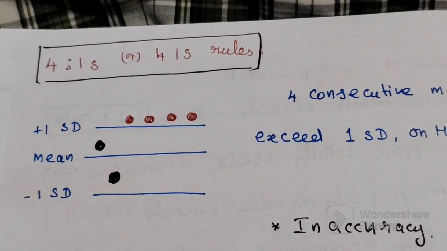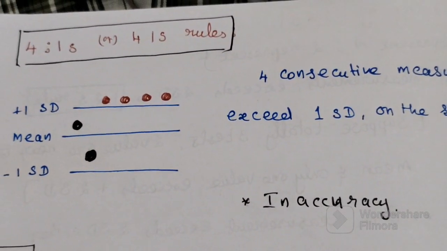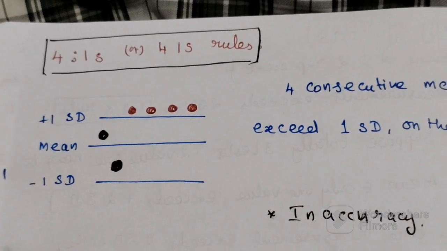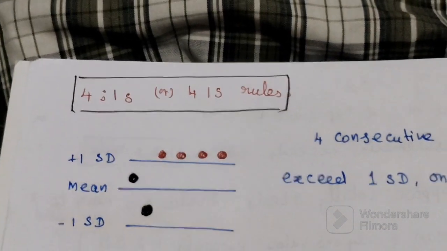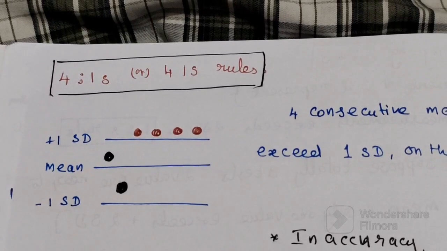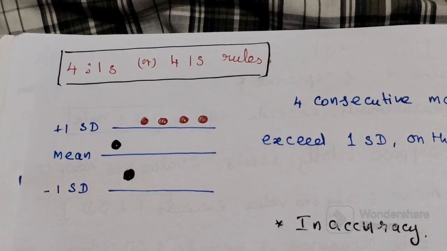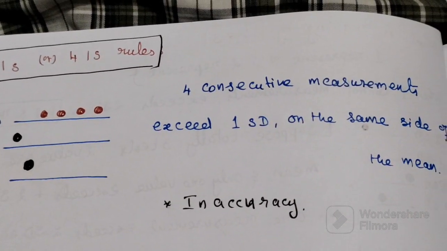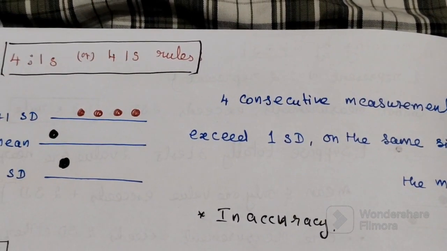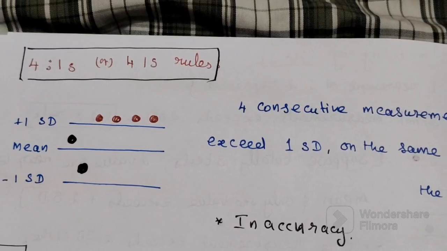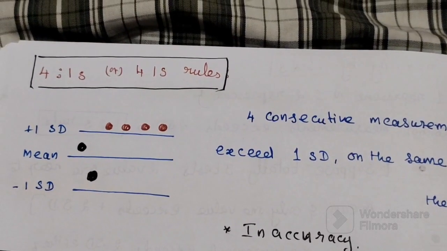What is 4-1s? Here 4 is control measurements and 1s is one standard deviation. So four consecutive control points are above one standard deviation.